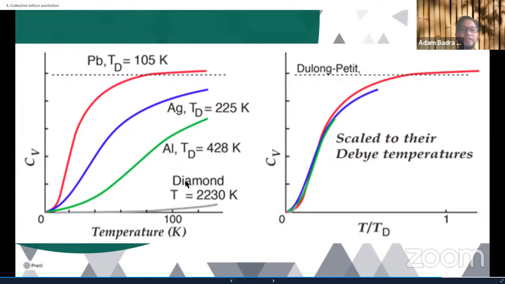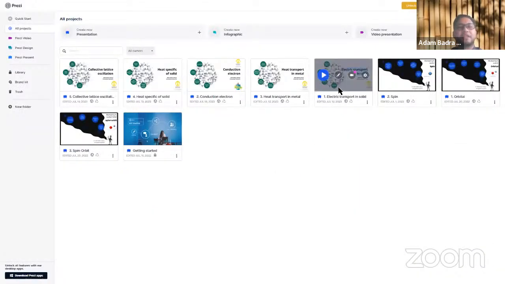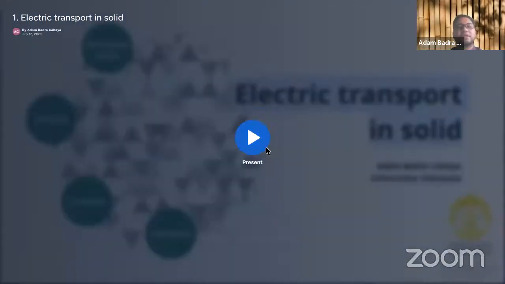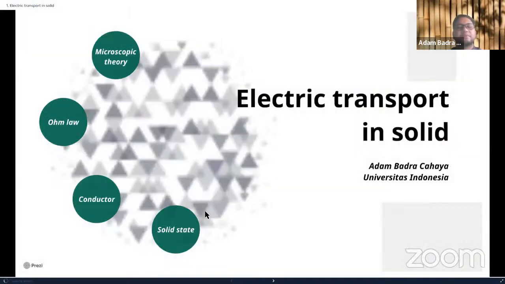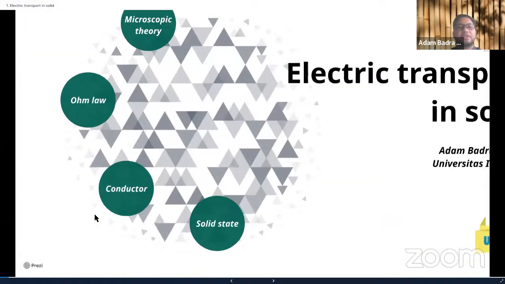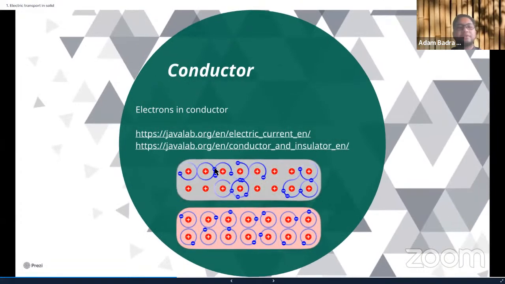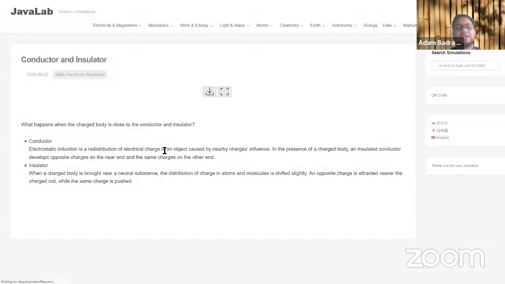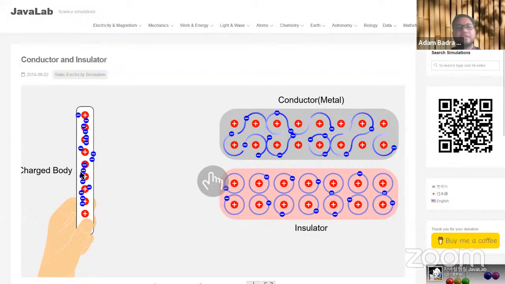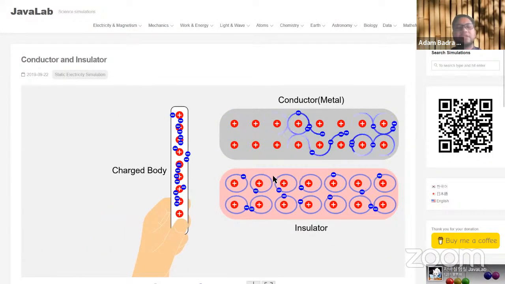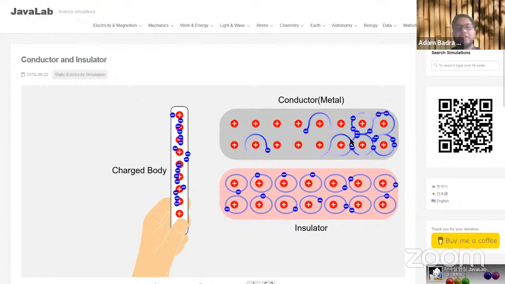Because, as you remember from the first lecture, I described that the electric transport is quite different in a conductor and an insulator, right? In an insulator, the electron doesn't move anywhere, and in a conductor, electrons move.